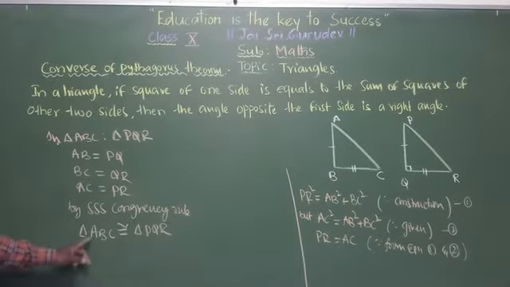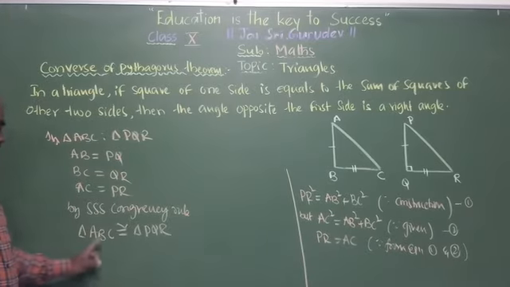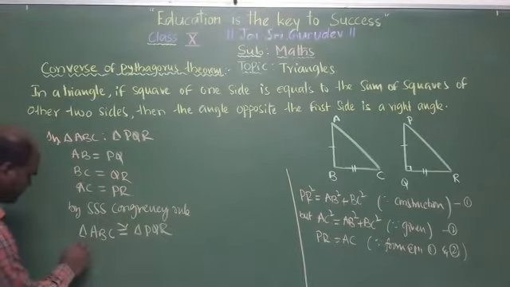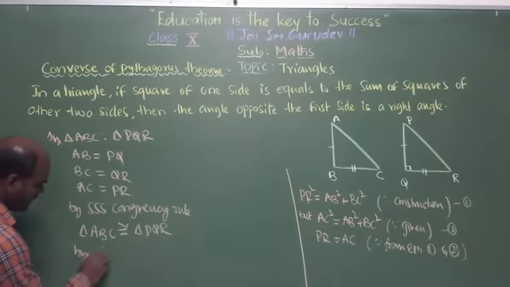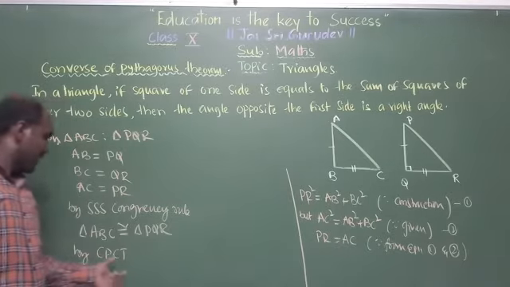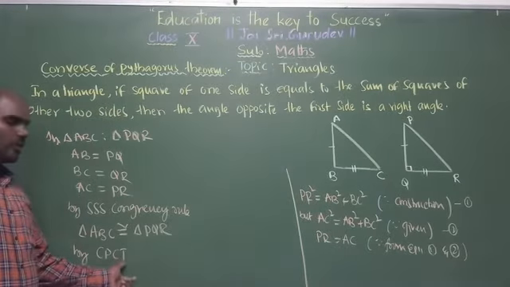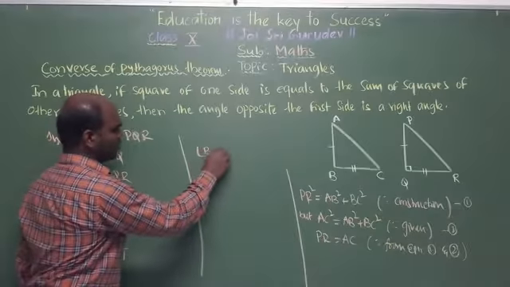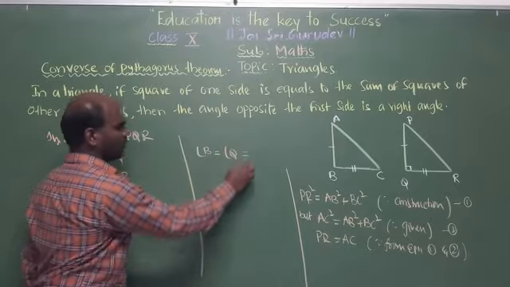Since triangle ABC is congruent to triangle PQR, by CPCT, corresponding parts of congruent triangles, what do we get, children? Angle B is equal to angle Q. How much is it, children?